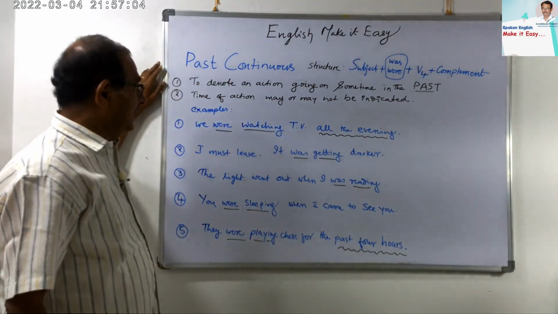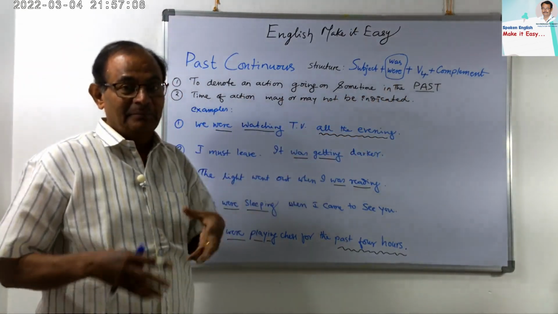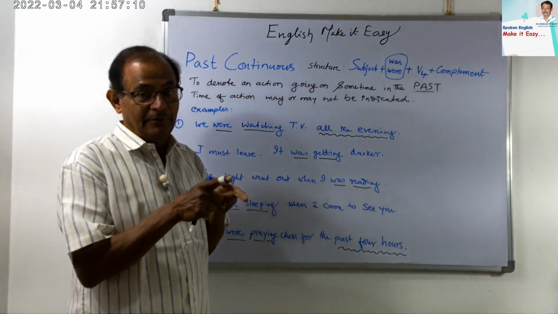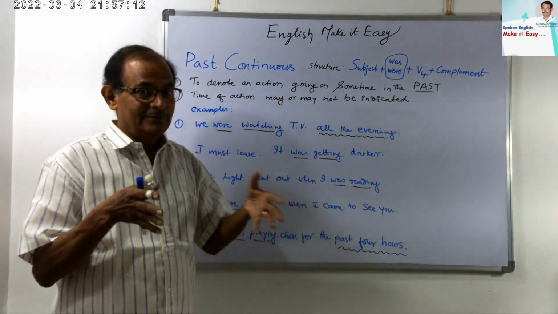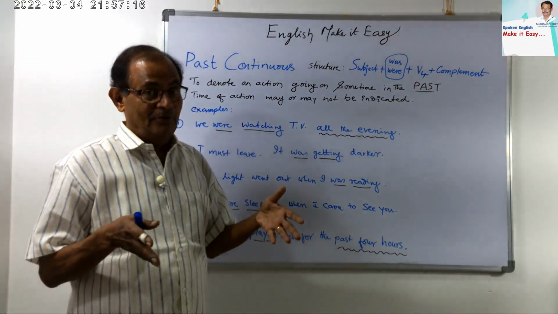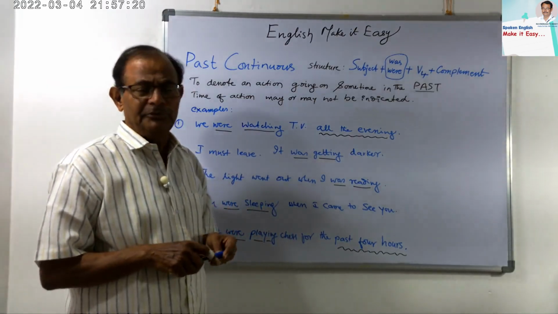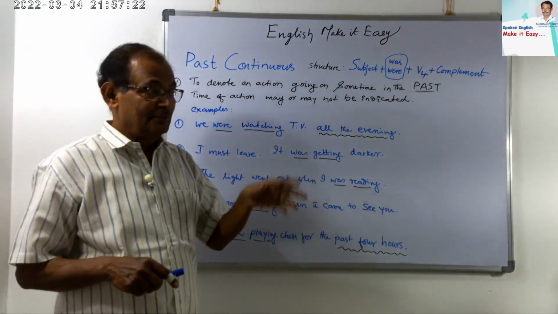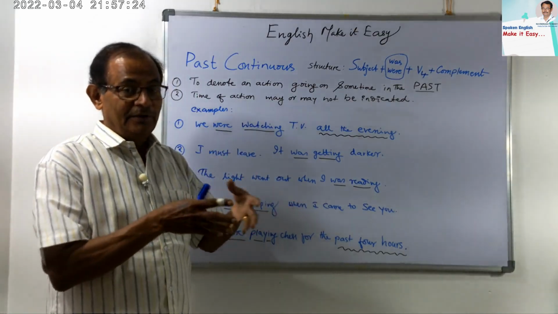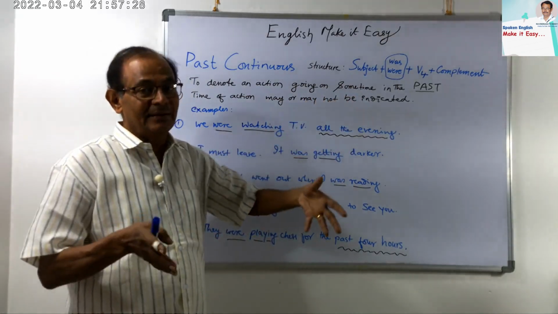So it is used to denote an action going on sometime in the past, not at a particular point of time, but a period of time. I told you about the two prepositions, since and for. Since is for a point of time and for is for a period of time. So here also, sometime means a period of time.